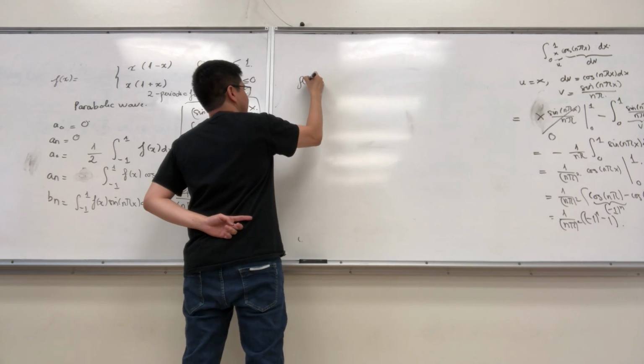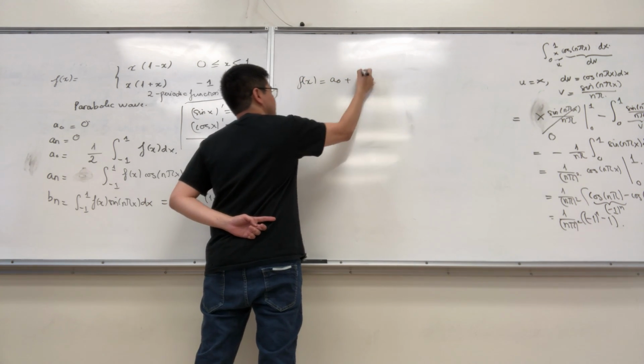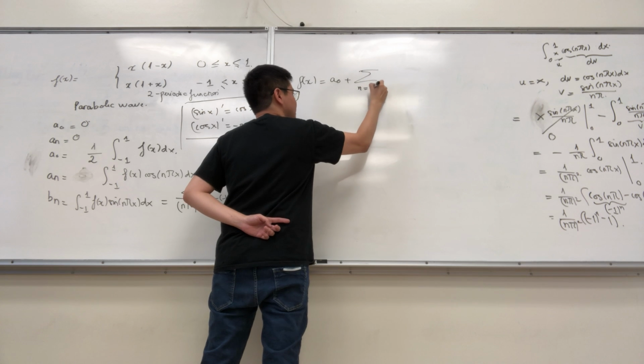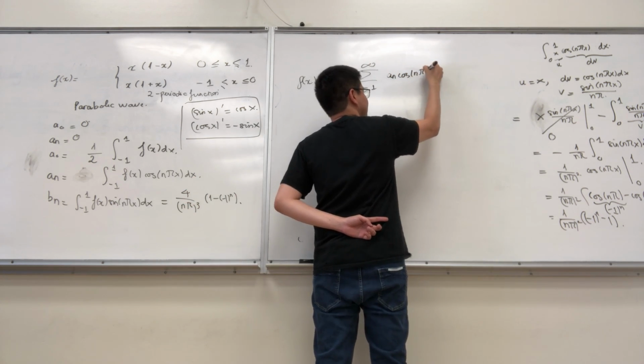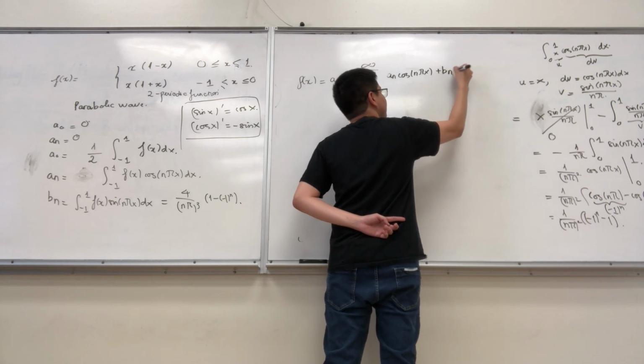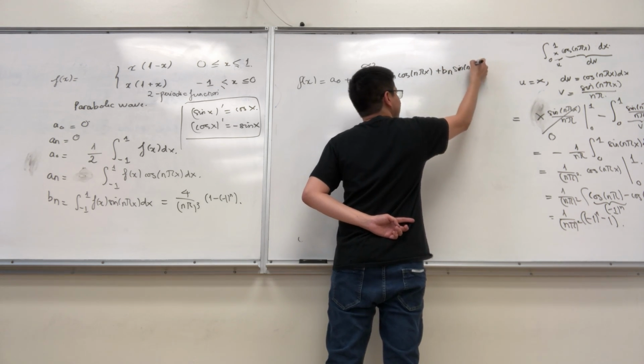So f(x) will be a0 plus the sum when n is going from 1 to infinity of an cosine of n pi x plus bn sine of n pi x.